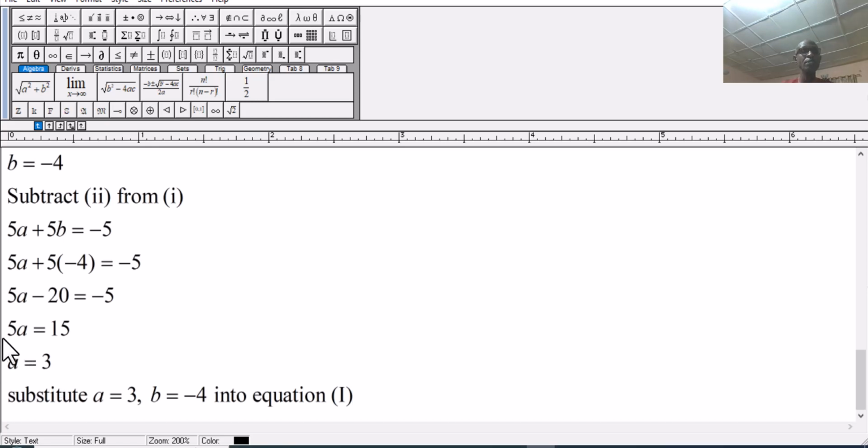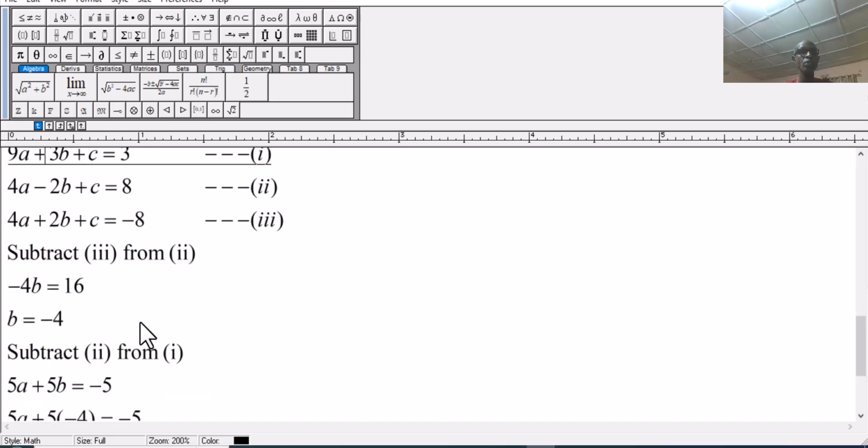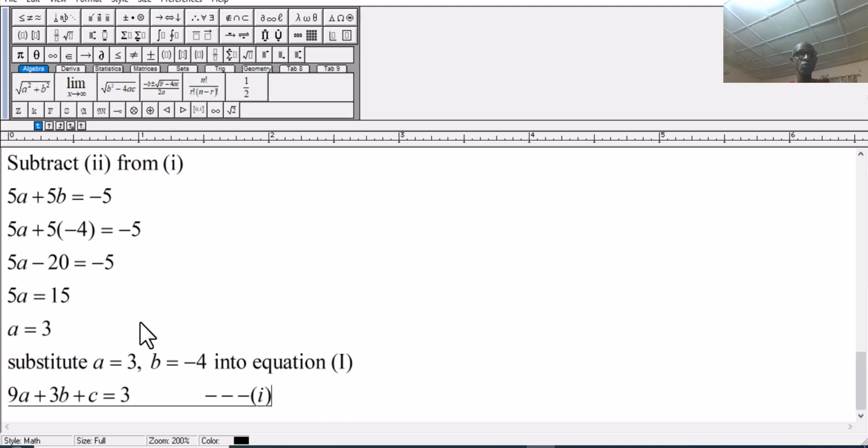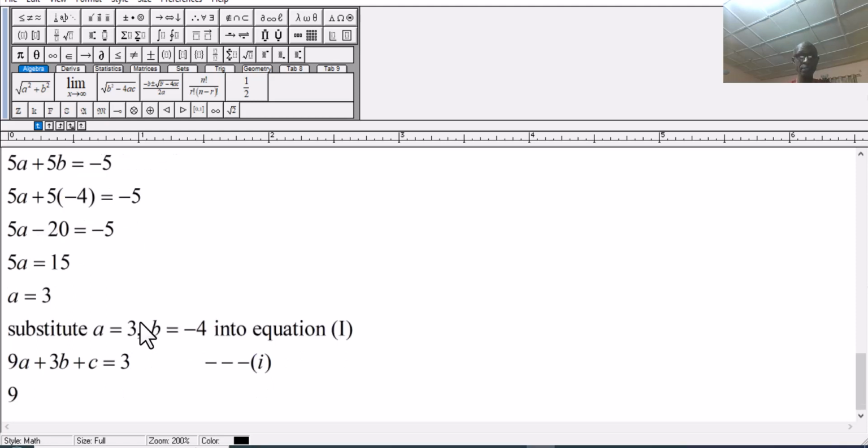So let's imagine that we are picking it and we are putting it into equation 1. So our equation 1 is this. I'm going to copy it out so that we can get the value for our c. So 9 into 3 plus 3 into minus 4 plus c is equals to 3. So we are going to do that now.